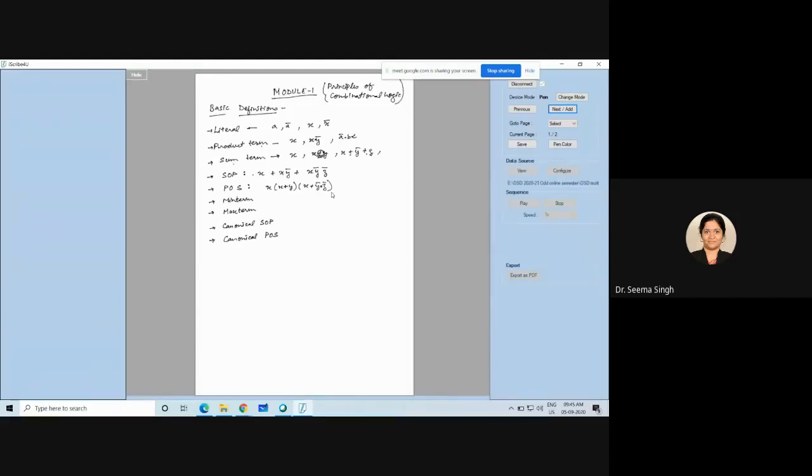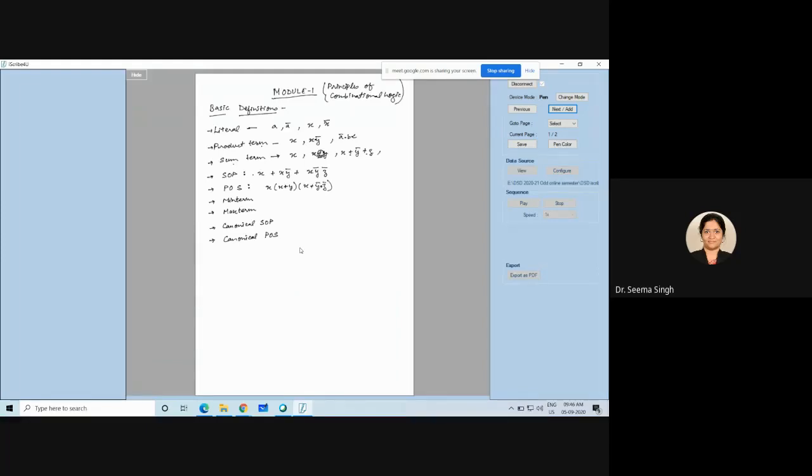Now coming to min term and max term. I would like you to write this definition. I am dictating, so write the definition of min term. Why am I dictating? Because these are important terms which you will have to remember, and you should remember the definitions clearly. So for min term, write the definition.